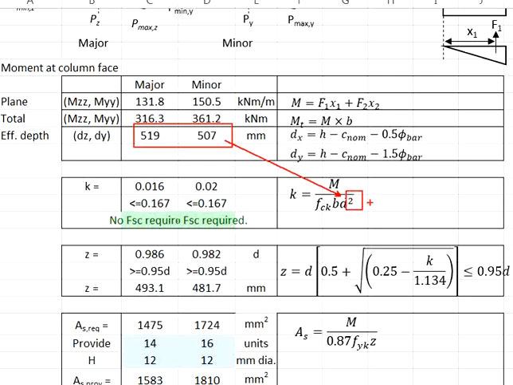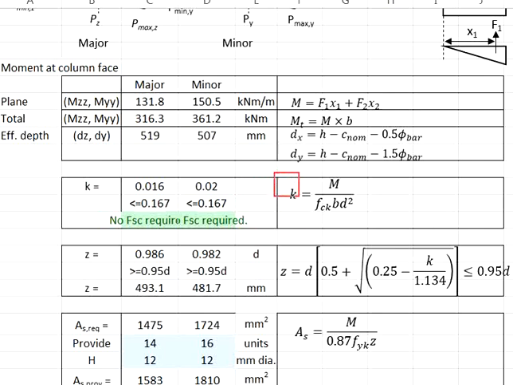Remember to square the effective depth. This gives you the k of 0.016 and 0.02. Both ks are less than 0.167, and therefore you know that no compression rebar is required.